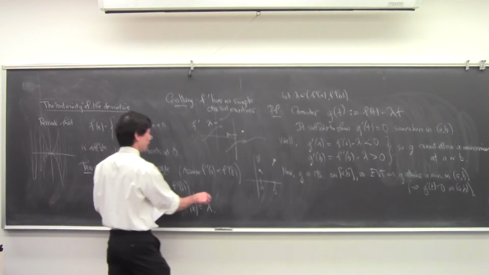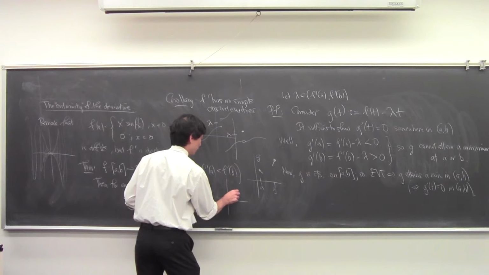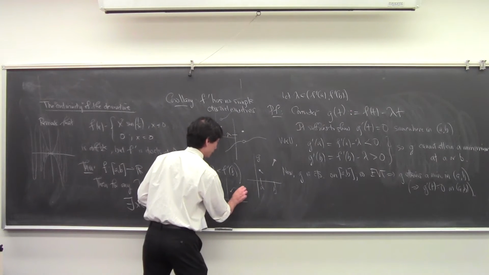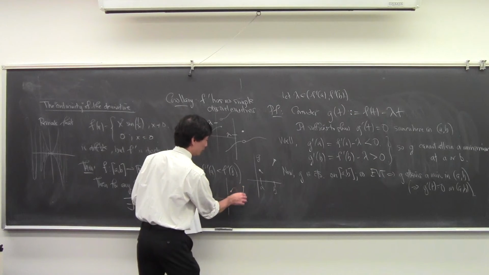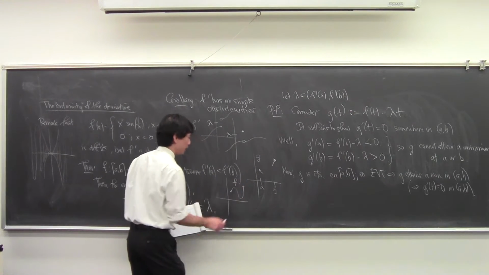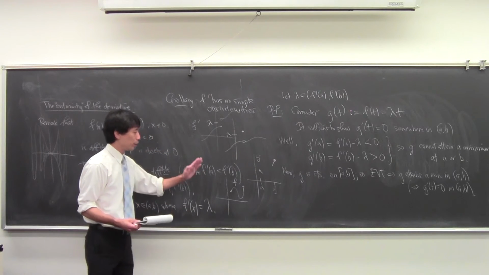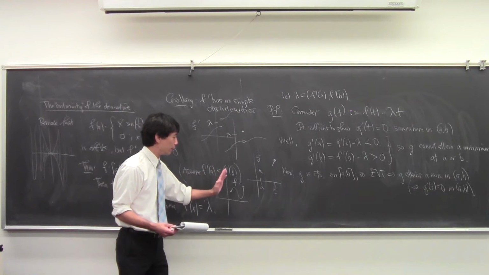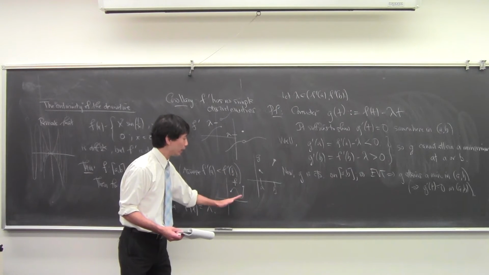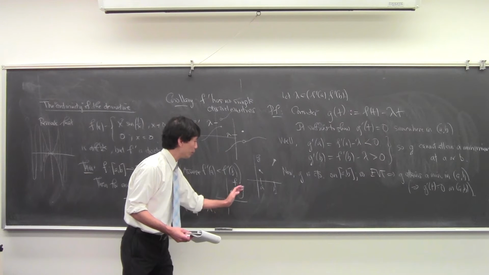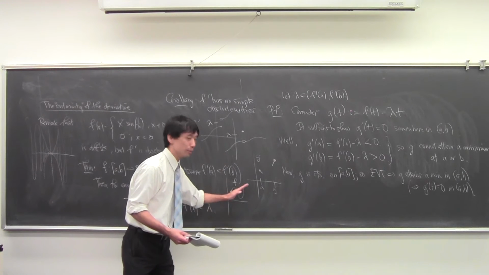So you've got your function, and it has the property that the slope at the beginning is less than the slope at the end. You're choosing a value between those two slopes, and we're saying that somewhere along the line here, we must have attained that intermediate value.